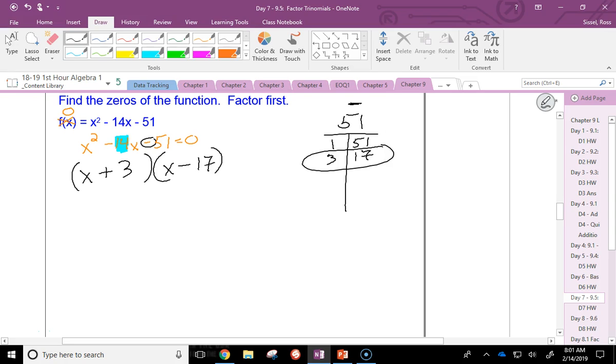The reason we know it's this way, okay, so we had C as a negative, so we had to find the absolute value, and it's a positive and a negative, right? We're good there. When you decide which term goes to which, because 14 was negative, our B term, since this is negative, you want your larger of the two terms to be negative. So we made negative 17. If we wouldn't have, when you distribute this, it would have come out to a positive 14x.